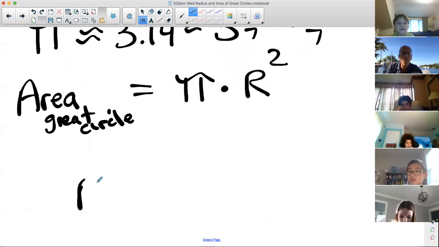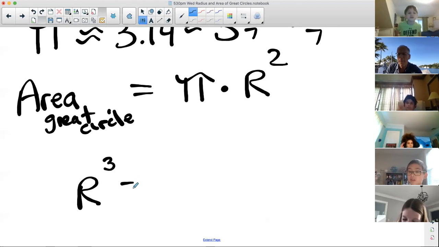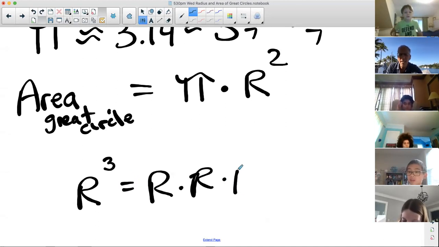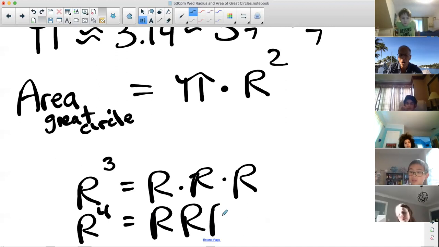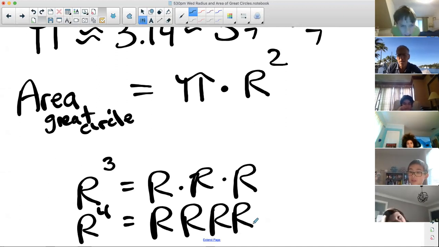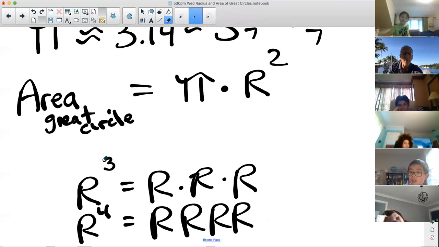What about radius to the third power? That would be radius times radius times radius. What about radius to the fourth power? Okay.